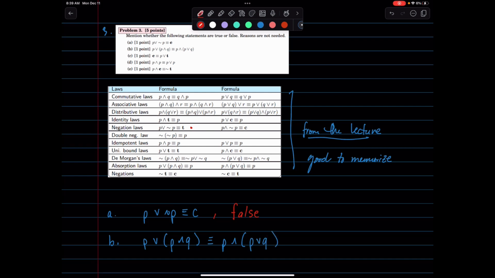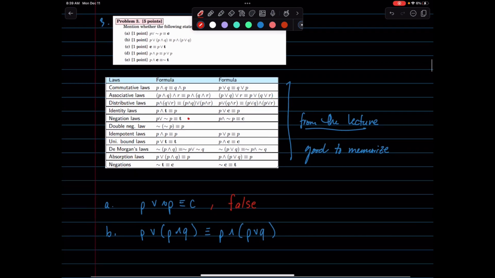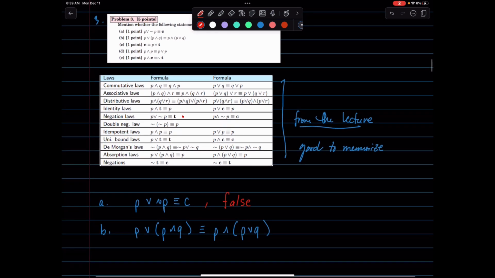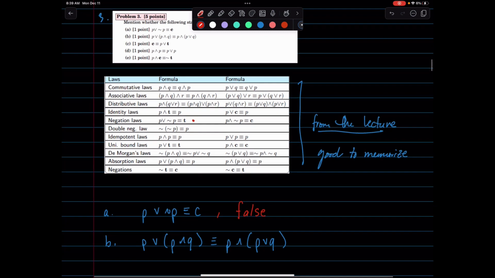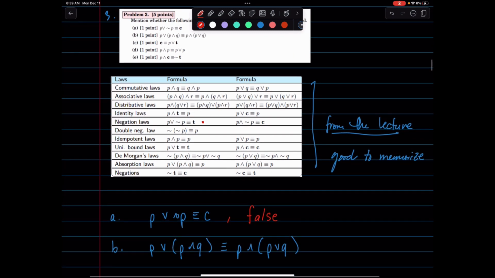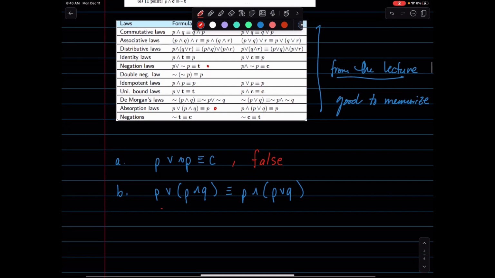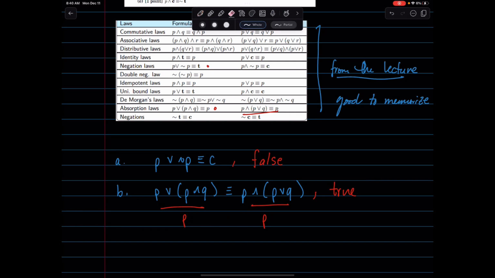So we see here that this is basically P, and this is also P, so this is true. That's right, because they both come out to P.